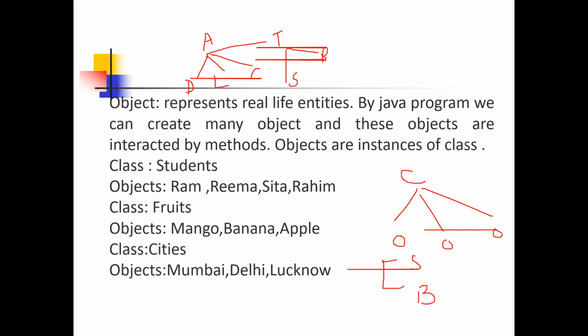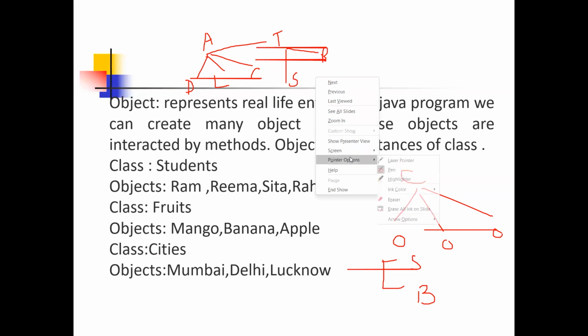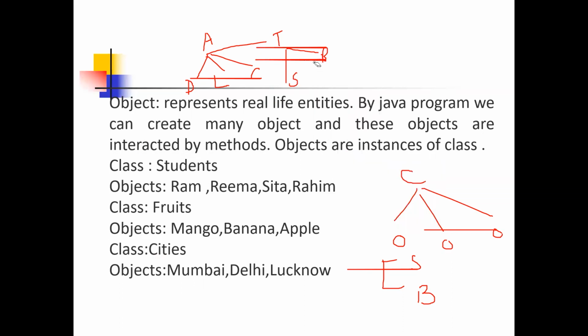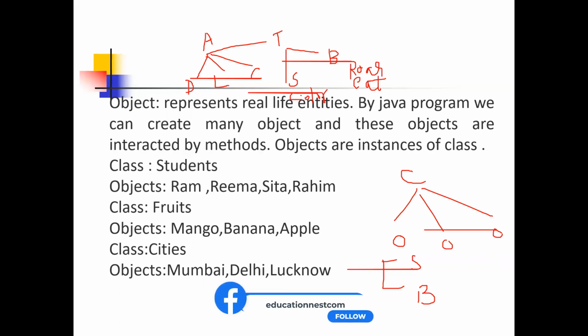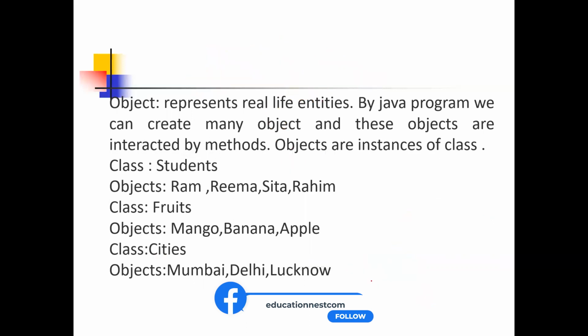State means color, breed, etc. If it's a tiger, then roaring is behavior, eating is behavior, and the color is its state. So every object has state and behavior.